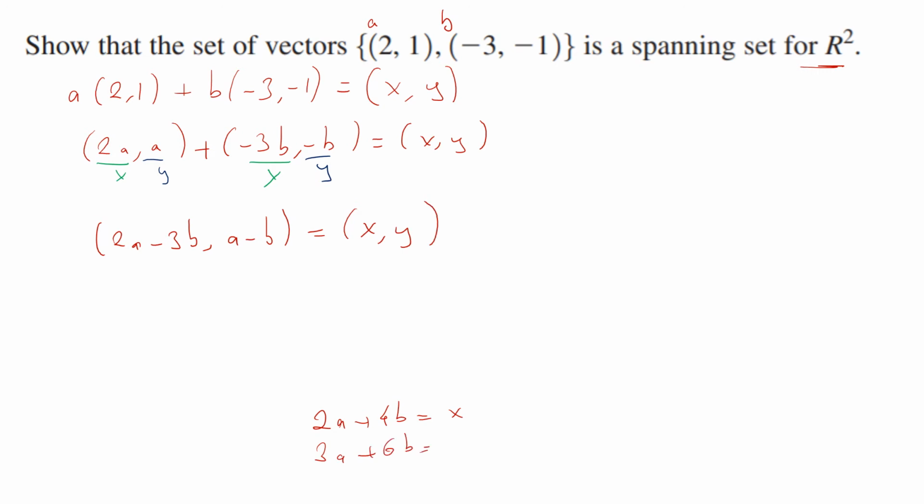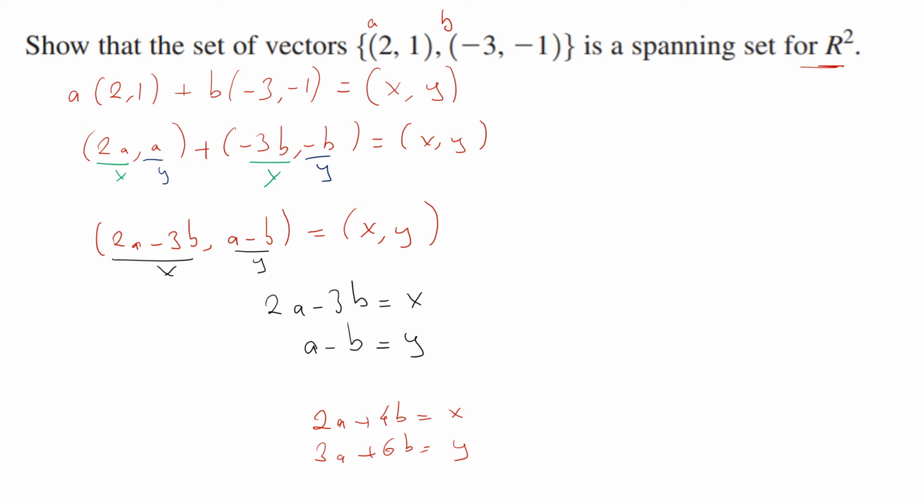And like we did before, I can get two equations from this. First, I will start with the x value, so equating the x values together. That gives me 2a - 3b = x. And same thing over here, this is the y value, so a - b = y.